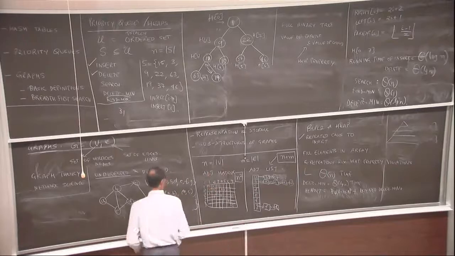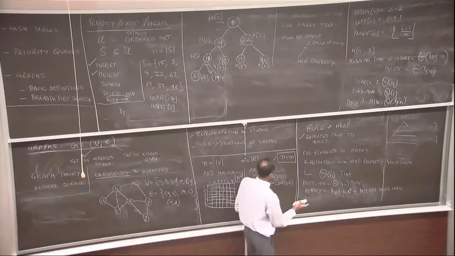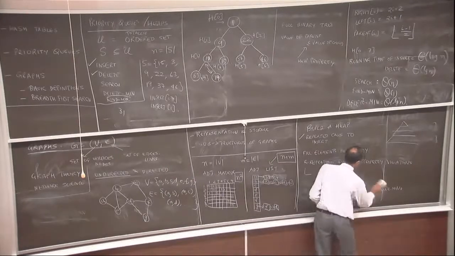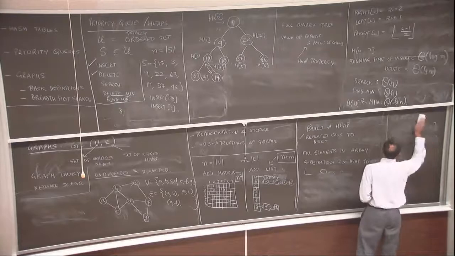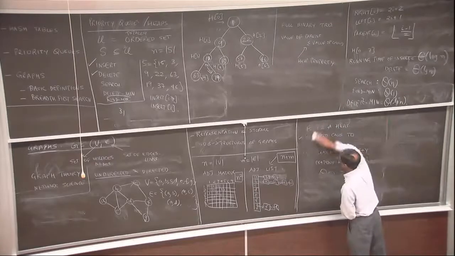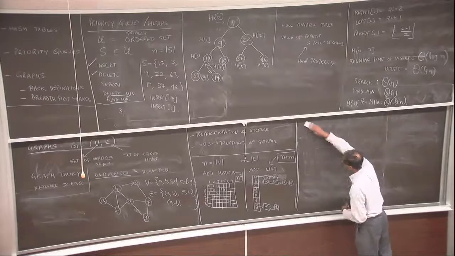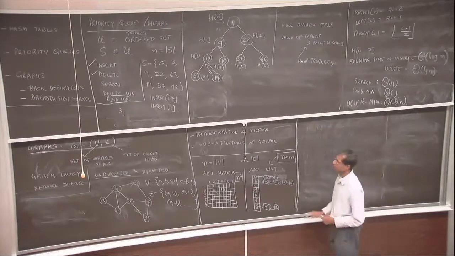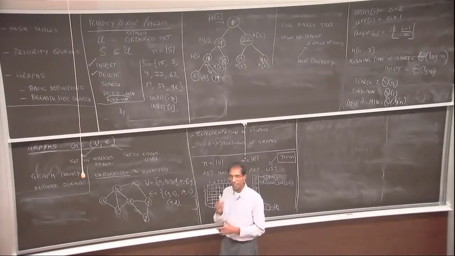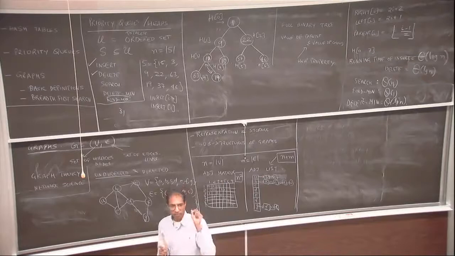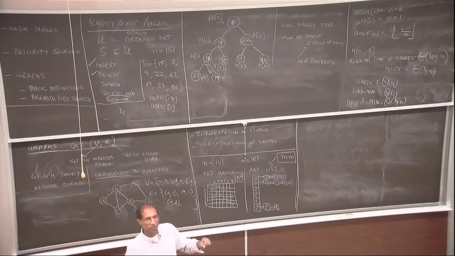Okay? So adjacency list is more efficient in terms of space, and I think the biggest value for the adjacency matrix is if you're repeatedly going to check, does this edge exist, does this edge exist, and so on, then it's much better to use an adjacency matrix.